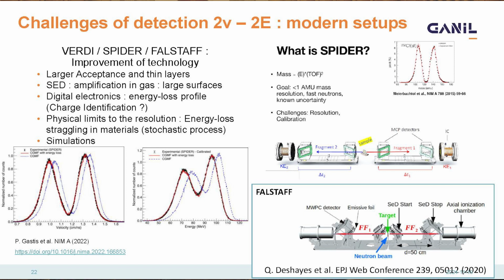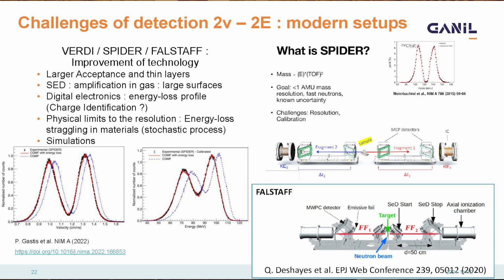This is what all those modern setups are about, that are presently taking data or making new developments, VERDI, SPIDER here, or FALSTAFF at GANIL, where the idea is to increase the acceptance by having new emitting foil detectors.